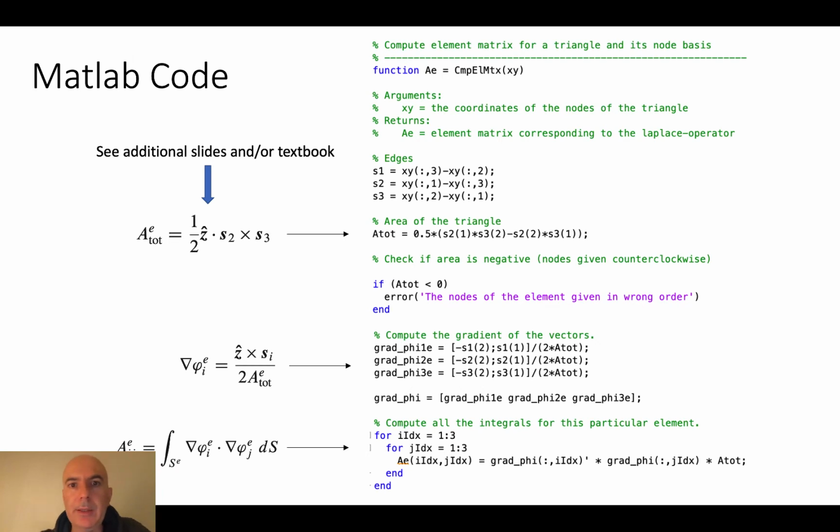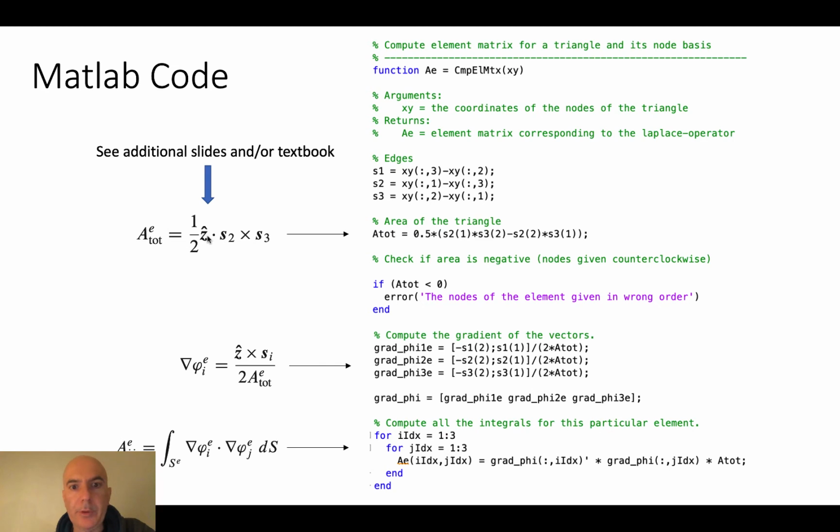How is this element matrix calculated? It's calculated analytically by using geometrical considerations. So we provide a set of additional slides, or also you can consult the textbook to deduce this formula here.